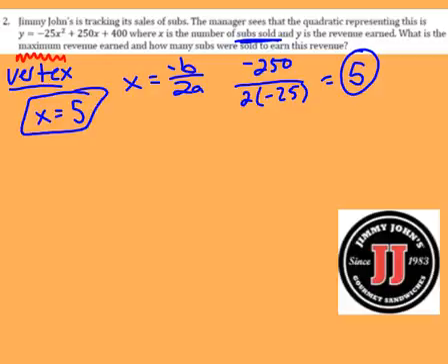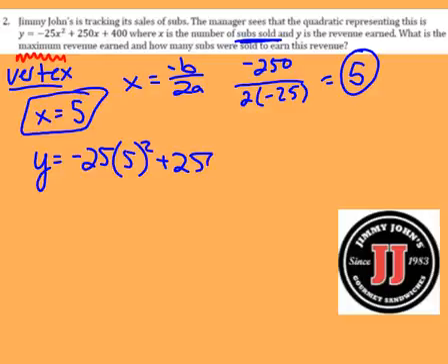Then I go y equals negative 25 times 5 squared plus 250 times 5 plus 400. So you need to be able to plug in the 5. 5 squared is 25 times negative 25, so 25 times 25 is 625.